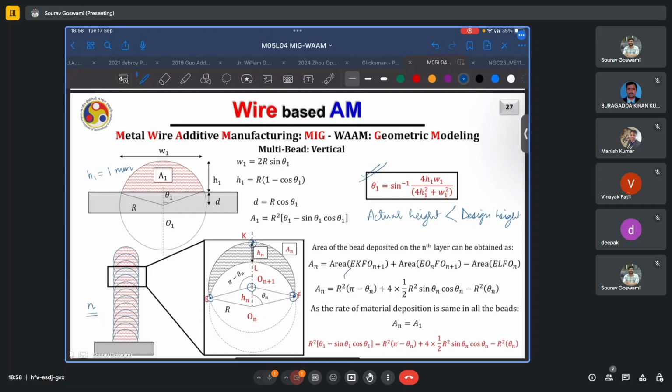So something like this. We add the area EON F ON plus 1, so this almost rhombus-like shape here.